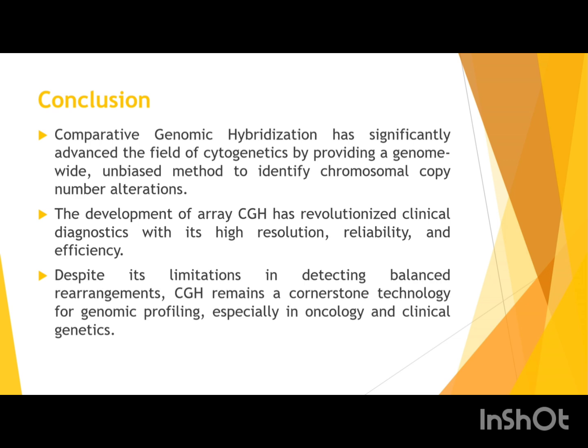It has revolutionized clinical diagnosis with higher resolution, reliability and efficiency. Despite these limitations in detecting balanced rearrangements, it remains a cornerstone technology for genomic profiling, especially in oncology and clinical genetics.